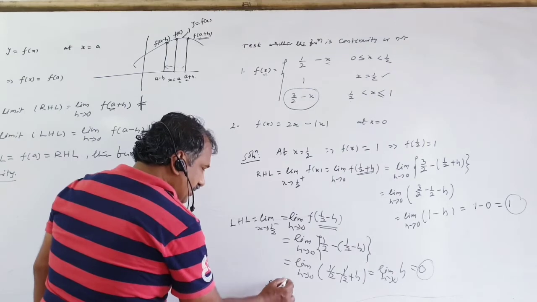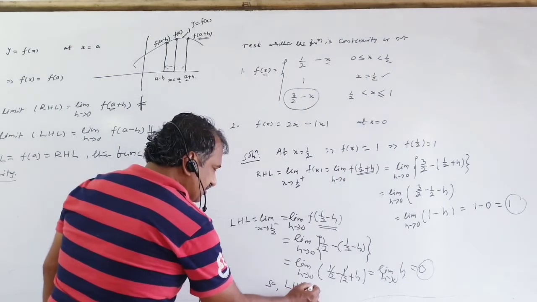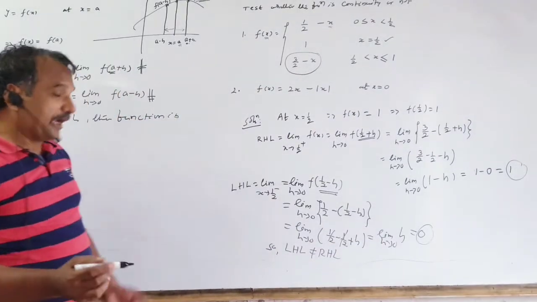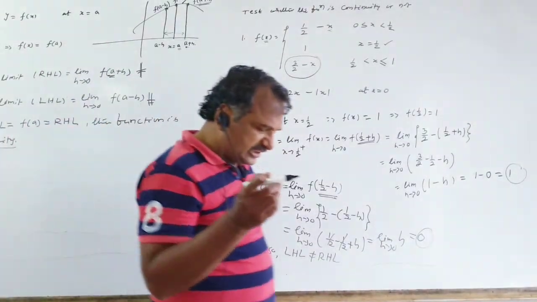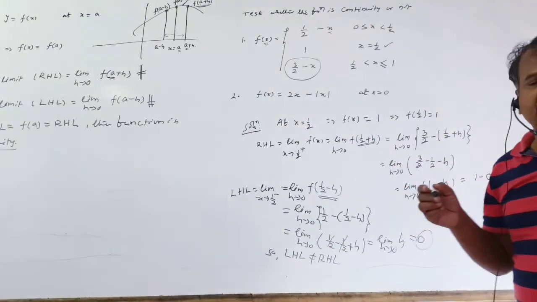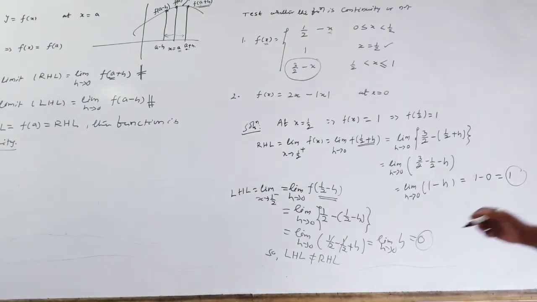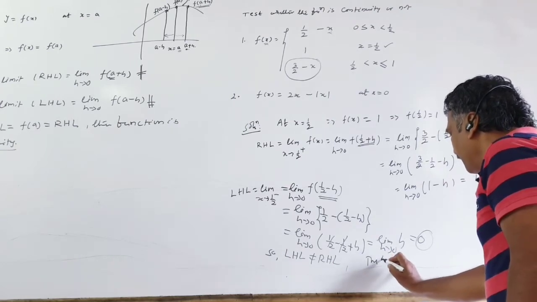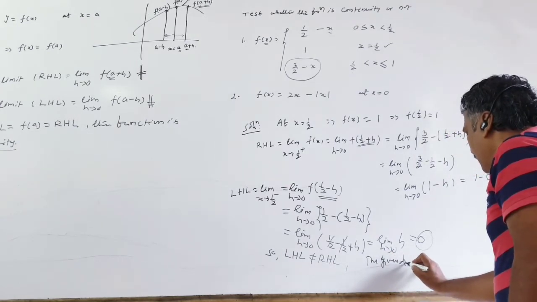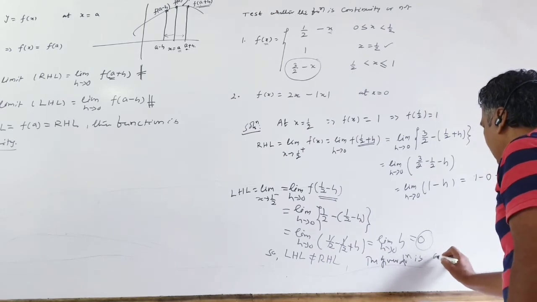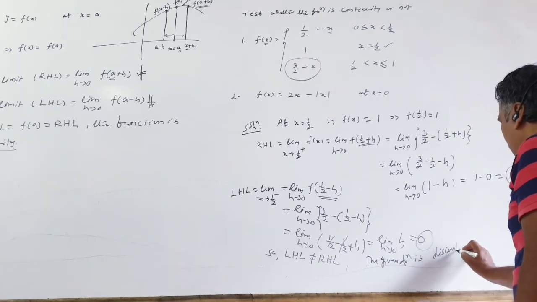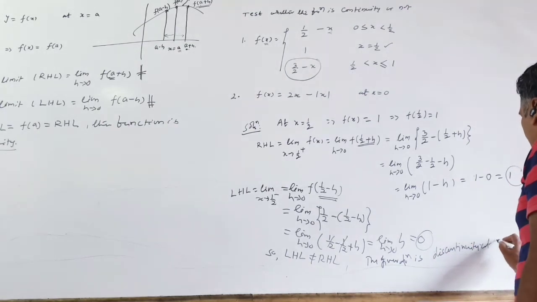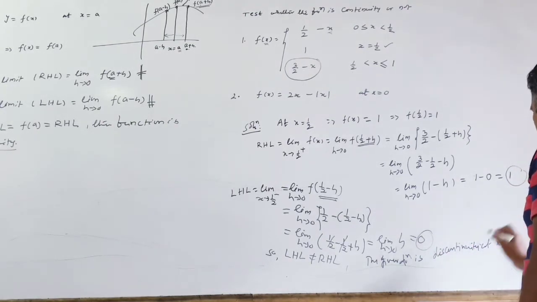So left hand limit is not equal to right hand limit. That means the function is discontinuous, or you can say not continuous. So the given function has discontinuity at x equal to 1 by 2.